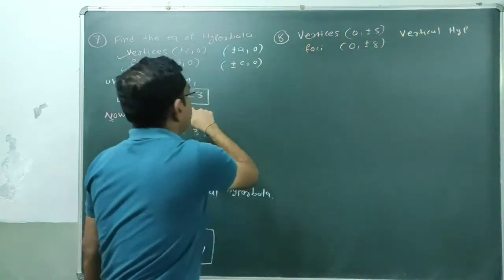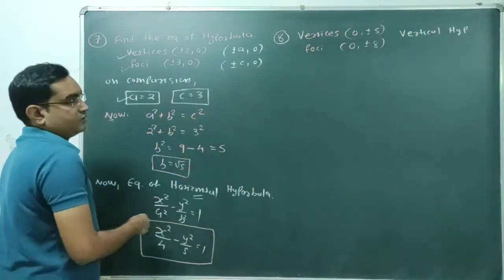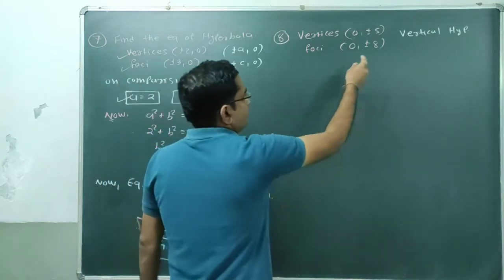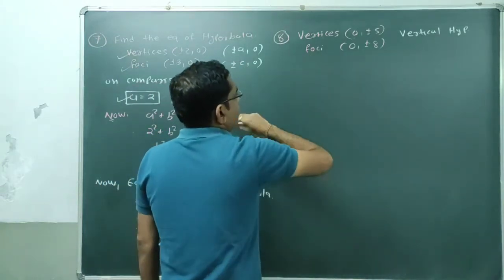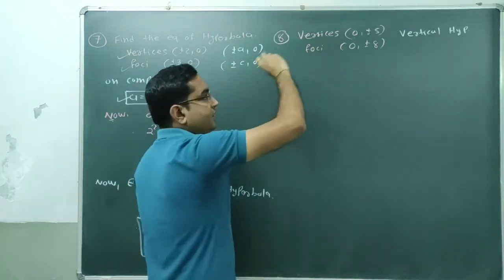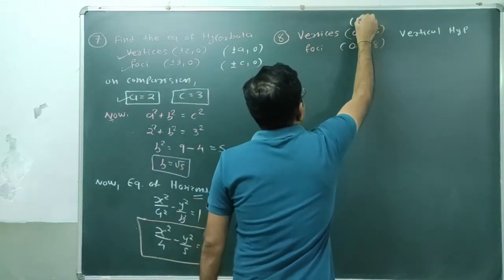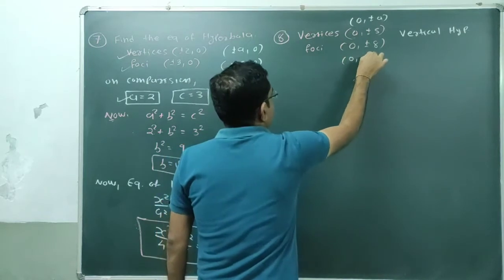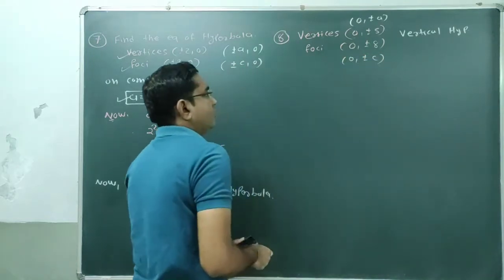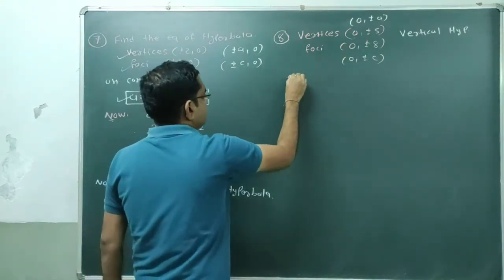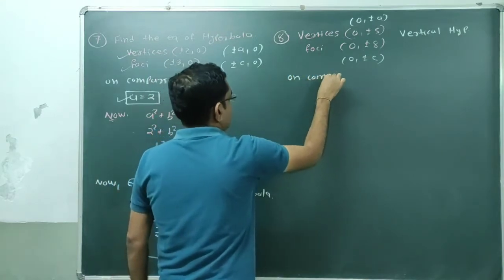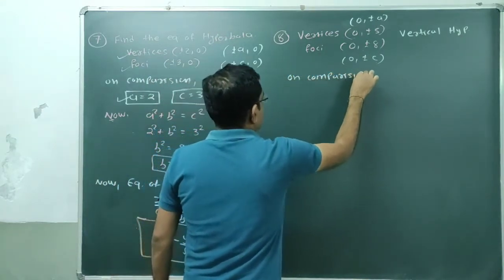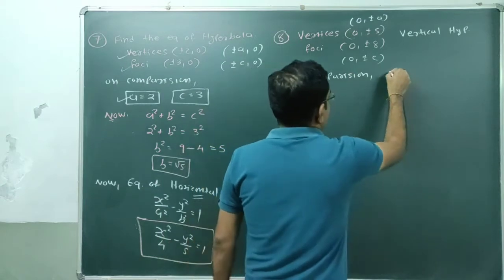And the earlier one was the case of a horizontal hyperbola. Now on comparison, for a vertical hyperbola the coordinates of vertices are always 0, plus or minus a, and foci are 0, plus or minus c. So on comparison we get the values of a and c.